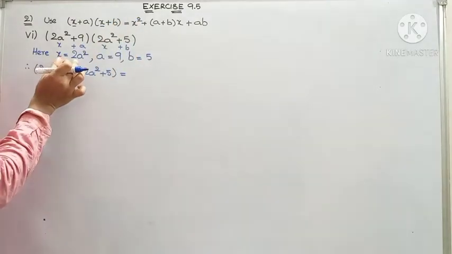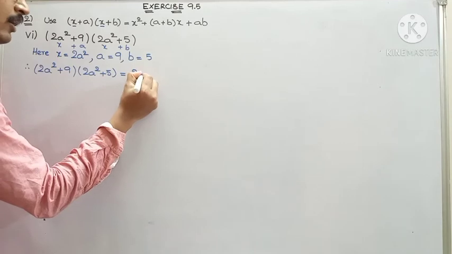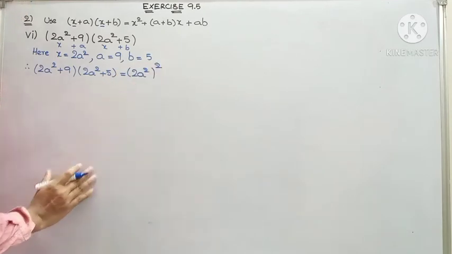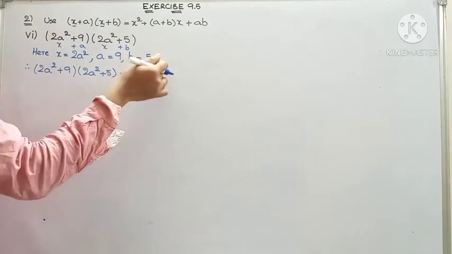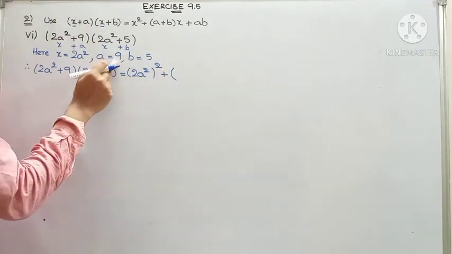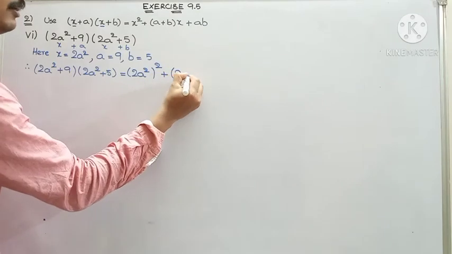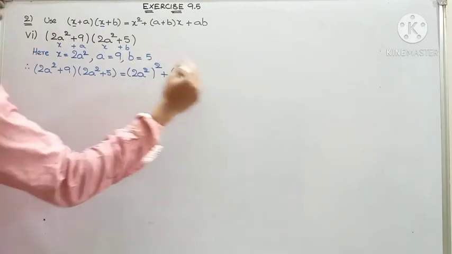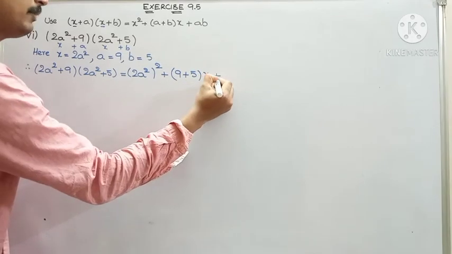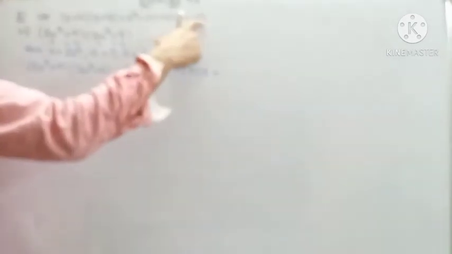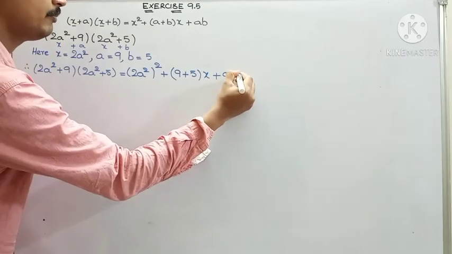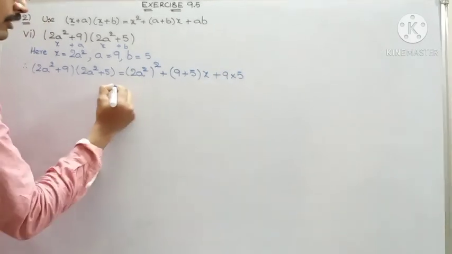What is the x term here? 2a². (2a²) whole power 2, plus the value of a is 9 plus the value of b is 5, multiplied by x, plus a multiplied by b, 9 multiplied by 5.